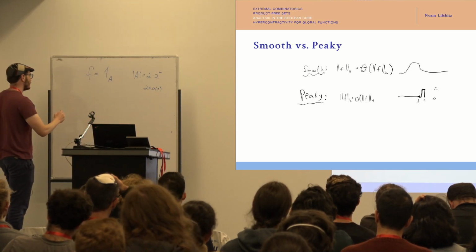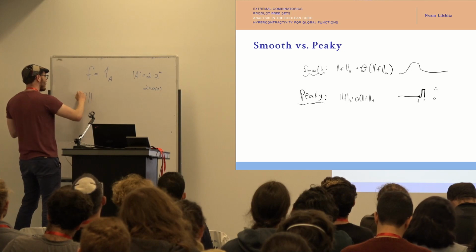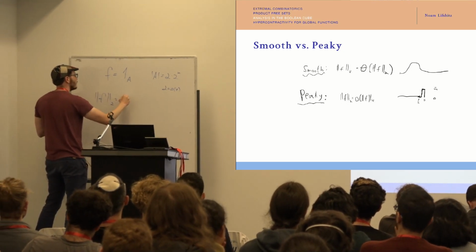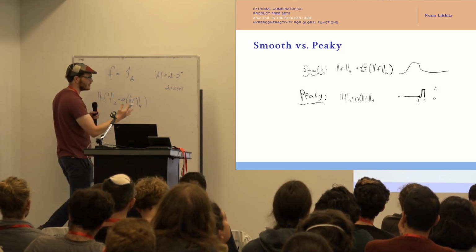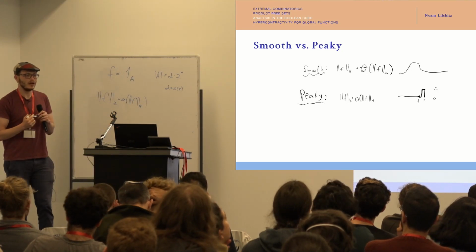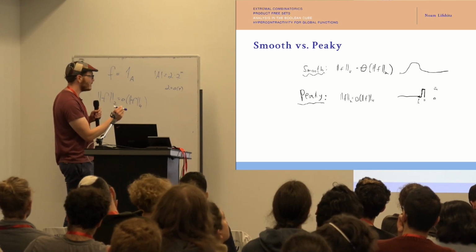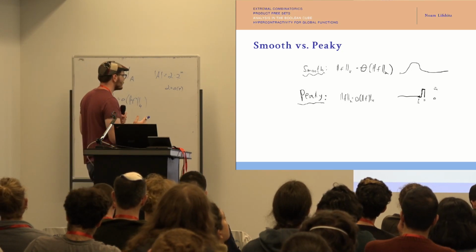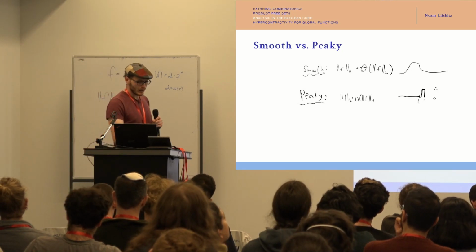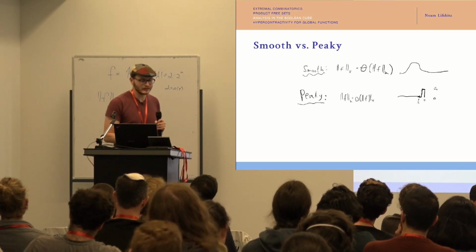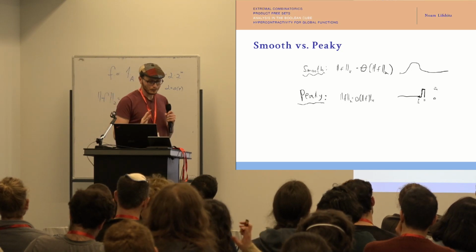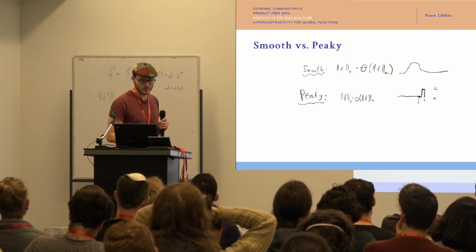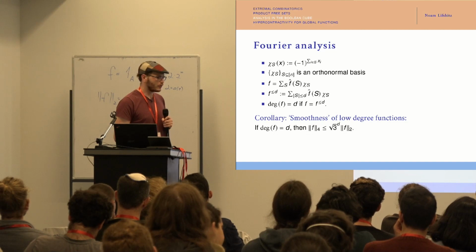Then the 2 norm is little o of the 4 norm of F. This is exactly the picky behavior, where you get 1 with a very small probability and 0 otherwise. And it turns out that hypercontractivity is a smoothing operator, and it sort of rules out this behavior for low degree polynomials. So let's talk about that.